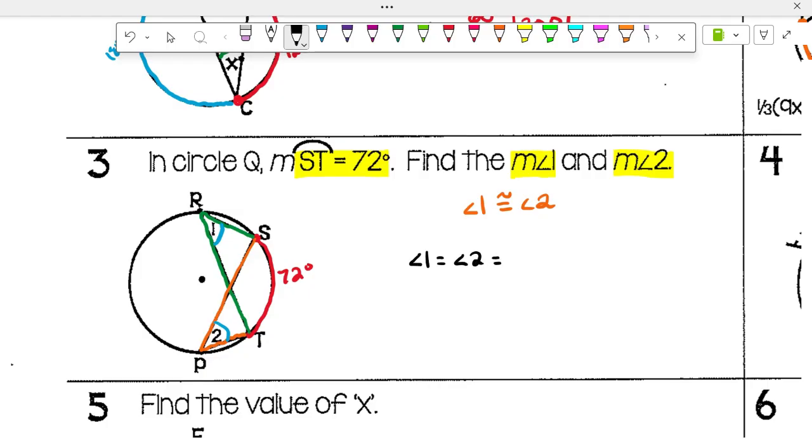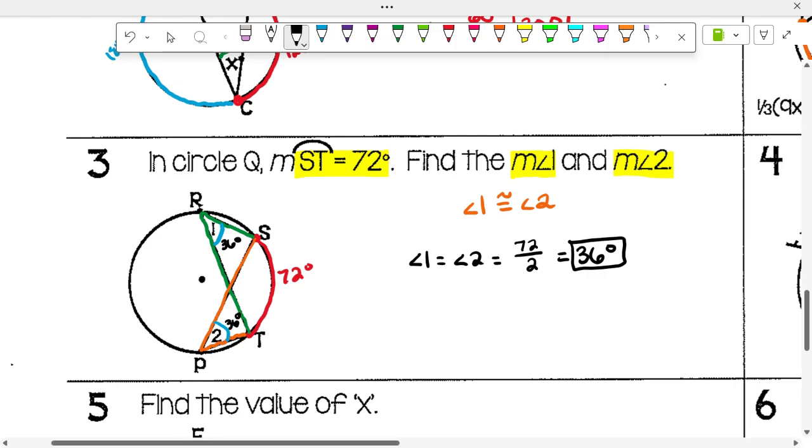Not multiply by 2. We're going to divide by 2 because the arc is going to be the bigger of the two. So we're going to do 72 divided by 2, which would be what? 36 degrees. So these little angles here are both 36 degrees.